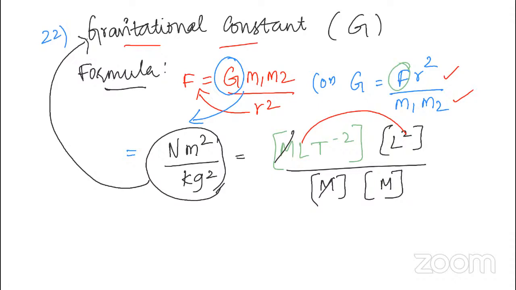Then finally we get M power minus 1, L cube and T power minus 2.